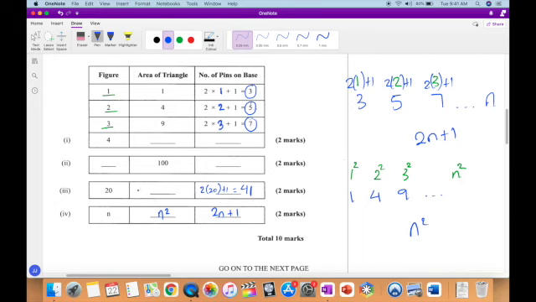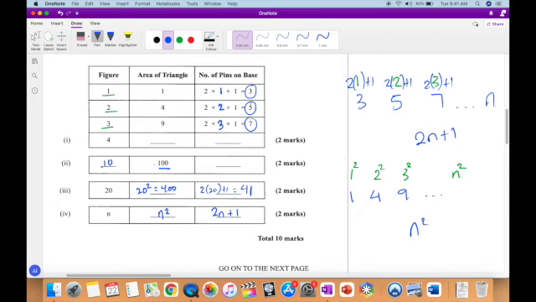And so this here will be 20 squared, which is 400. And so if this is n squared and this is 100, well then n here is going to be 10, because 10 squared gives me 100.